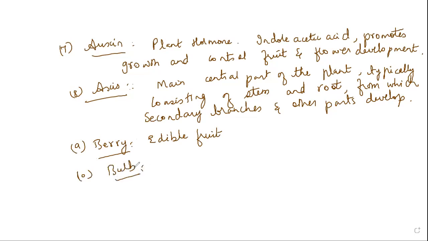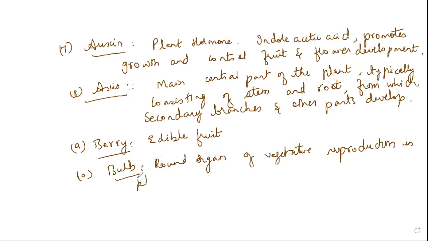Bulb is a round organ of vegetative reproduction in plants such as tulip and onion. It is a flattened stem bearing a central shoot surrounded by fleshy, nutritive inner leaves and thin brown outer leaves. I repeat, it is a round organ of vegetative reproduction in plants such as tulip and onion.